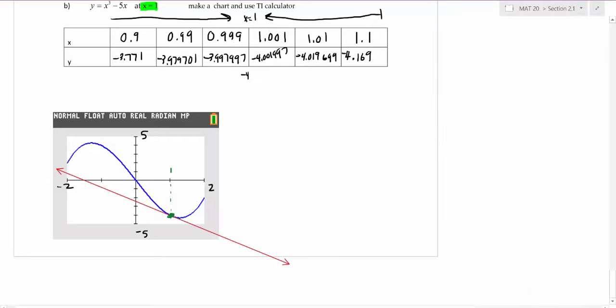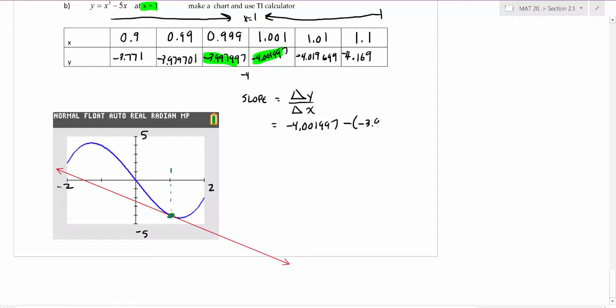Okay? All right, so when we do the instantaneous velocity, or if we do the slope of the curve, that again is going to be change in y over change in x. So we're going to use these two y values, the ones that are close together, for the greatest accuracy. So that's negative 4.001997.